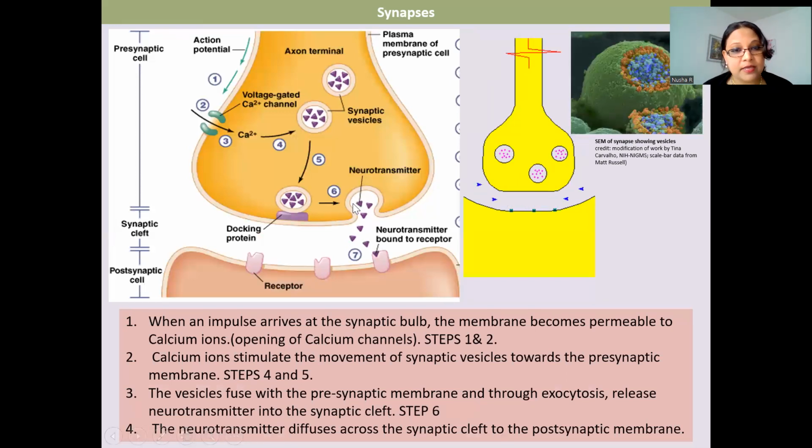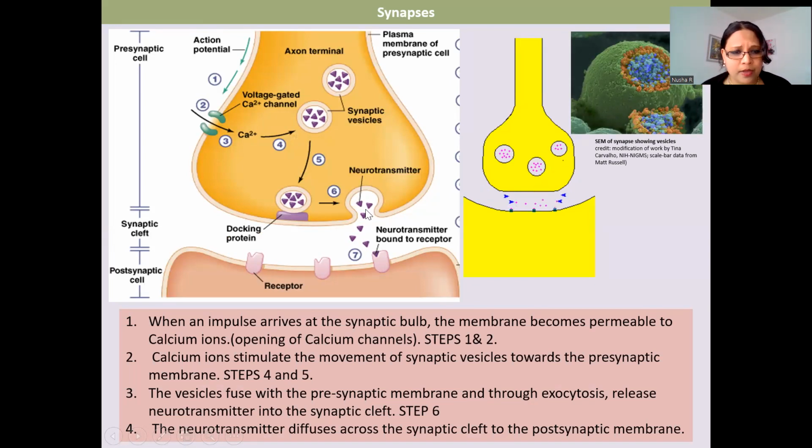And these vesicles, by the process of exocytosis, just bulk exchange, fuse with the presynaptic membrane. So the vesicle fuses here with the presynaptic membrane and releases the neurotransmitter into this cleft, the synaptic cleft.